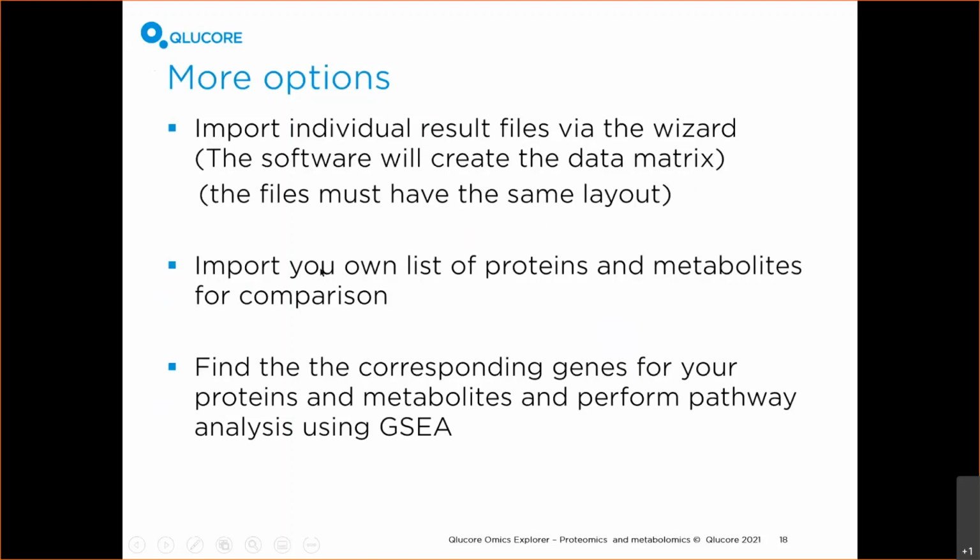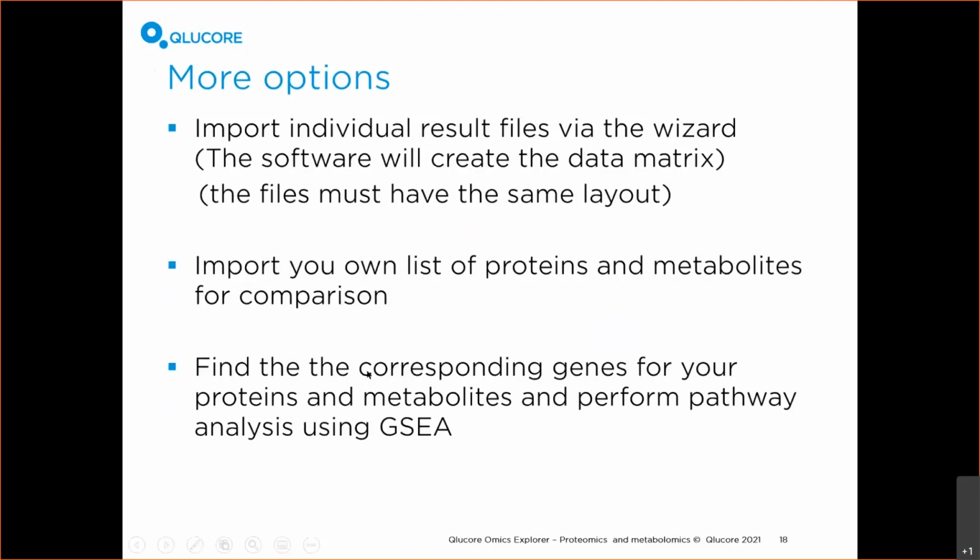That is described in the how to import data document in the reference manual. And you can, of course, also import your own list of proteins and metabolites for comparison, as I did when I created the list from the heat map and then used that as input. So you can do that if you have your own proteins and metabolite lists, but it must have the same unique ID.